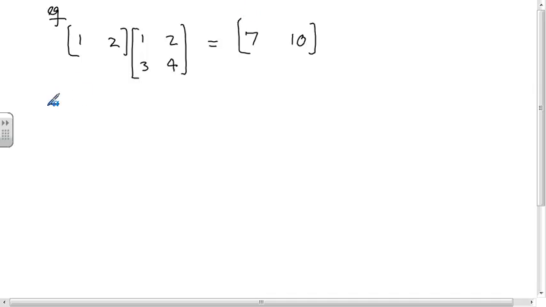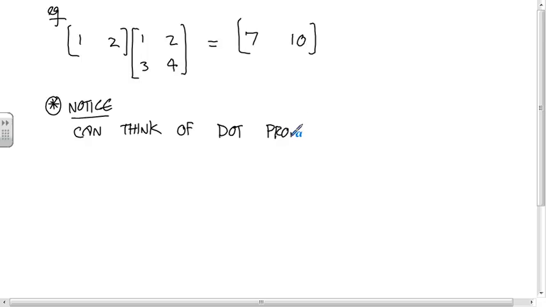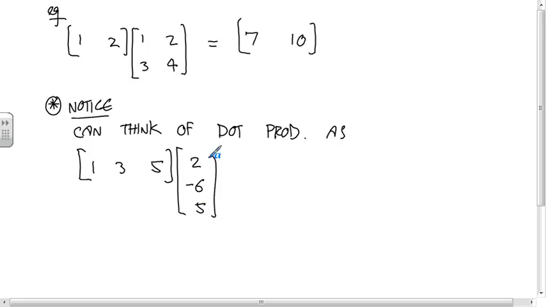And notice, this is the last thing I'll say. You can think of a dot product as a 1 by n matrix, in this case a 1 by 3 matrix times a 3 by 1 matrix.